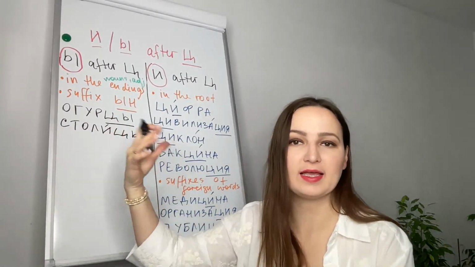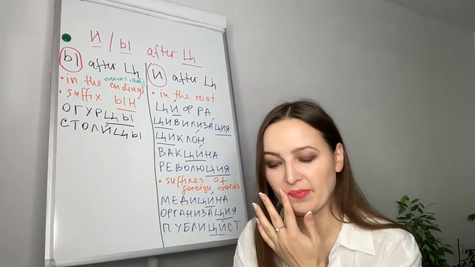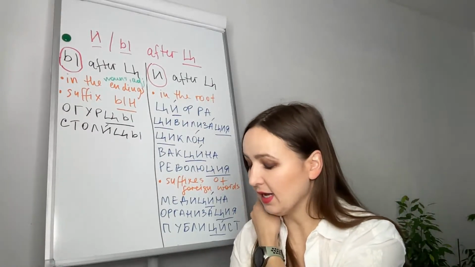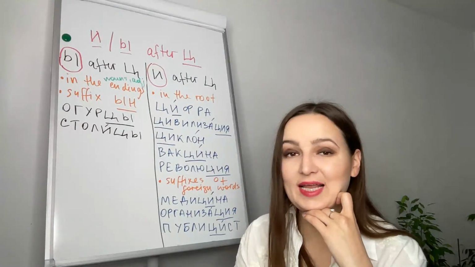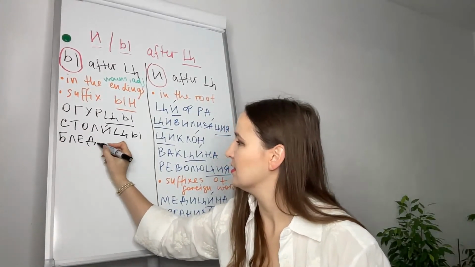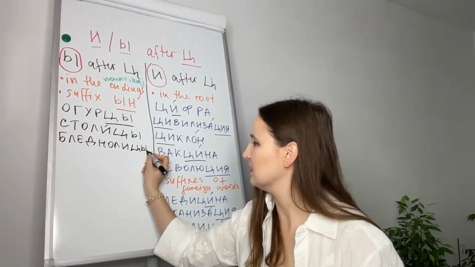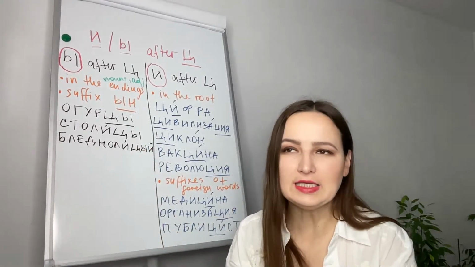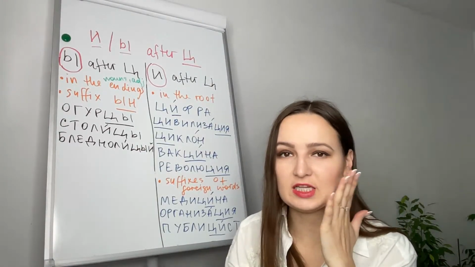Or столицы. Столицы is a plural for a capital of a country, for example, European capitals. Or the adjective бледнолицый, pale-faced, someone with pale skin.